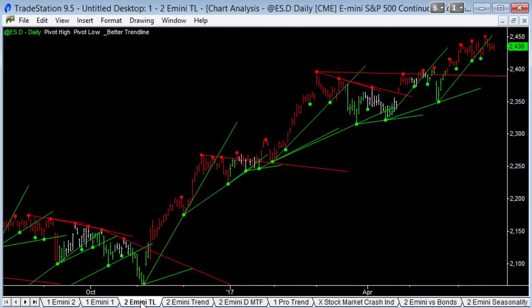The first one I worked on was a better trend line, which was an automated way of plotting trend lines on a chart and using that to determine uptrends, congestion zones. These white bars are congestion zones, and then green bars are downtrends. That's an interesting way of doing it.